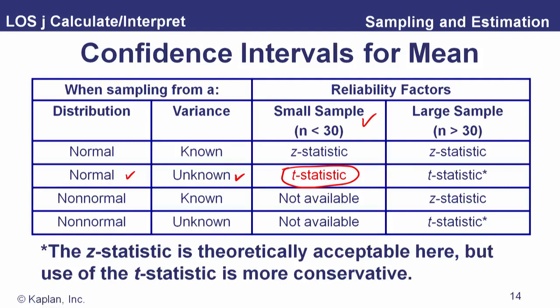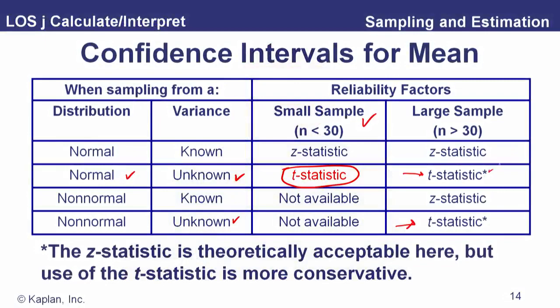Now, the t-statistic is also appropriate when our variance is unknown. And the reason for that is when our variance is unknown, we've got to estimate it from the sample. And that puts a little more uncertainty in there. Okay? We're estimating the standard deviation. We don't know it. So since that's an estimate, we've got to go a little wider to get our 90% or our 95% confidence interval.